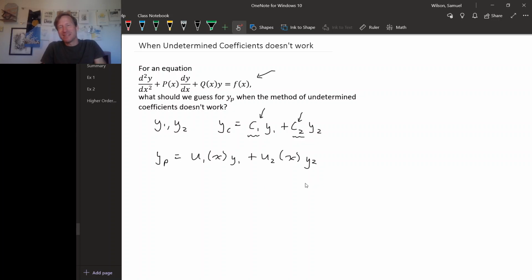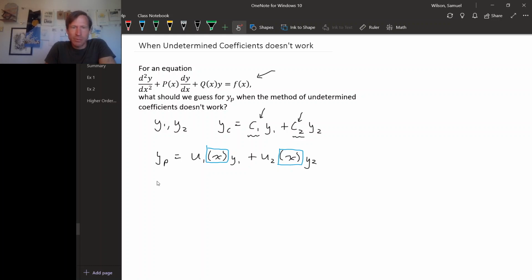Now, as soon as we write this down, you can bet that we're going to have to plug this into the original differential equation. So to do that, let's take some derivatives. Also, just to save myself some writing, I'm not going to write the x every time. So I'm just going to write u1 and u2, but keep in mind that u1 and u2 are functions of x, just like everything else, really.